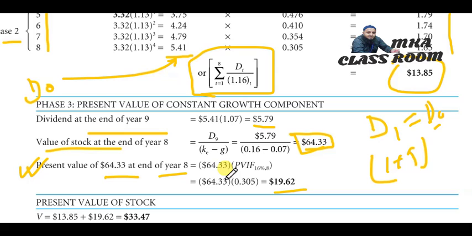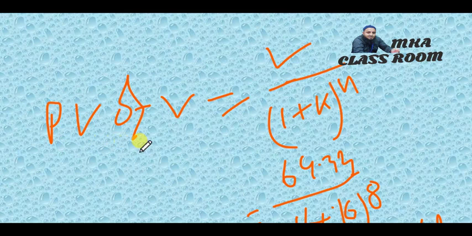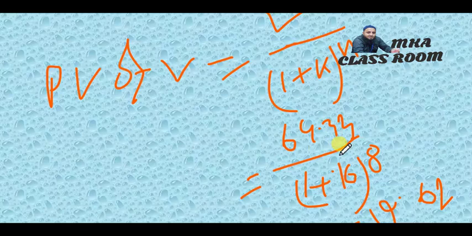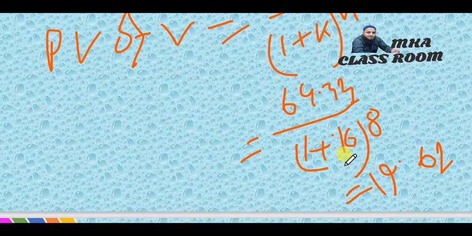We put down this value in tabular format, PVIF of 16%, 8, or you can write it in this way. PV of the stock value, V divided by (1 plus k) power n. Our value is 64.33 divided by (1 plus our required rate of return, 0.16) power 8.